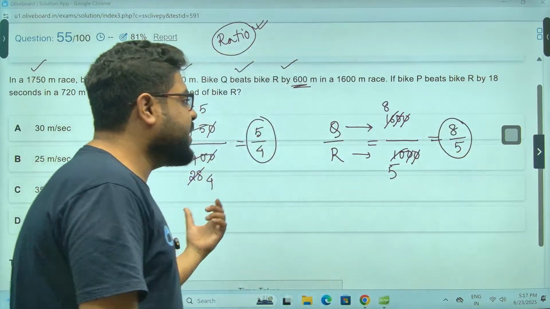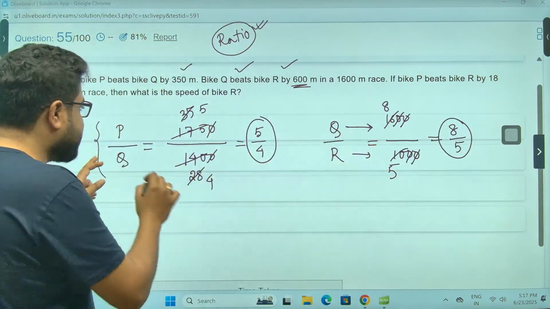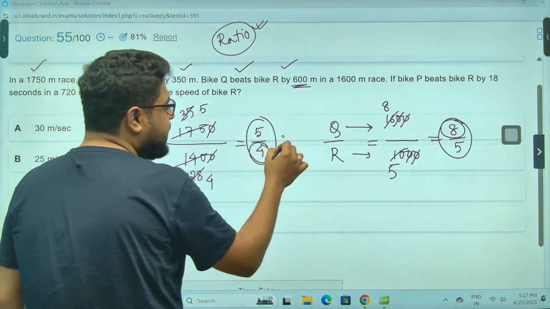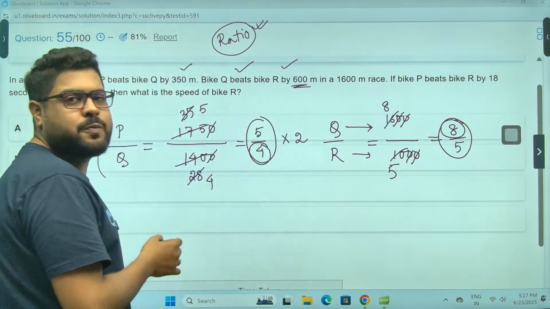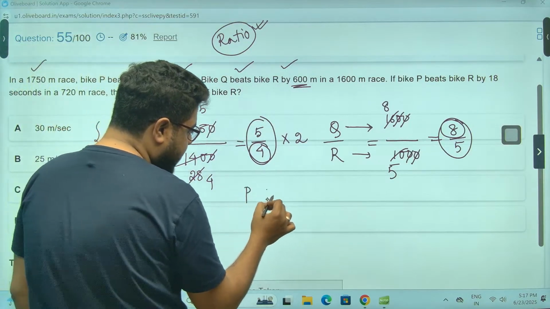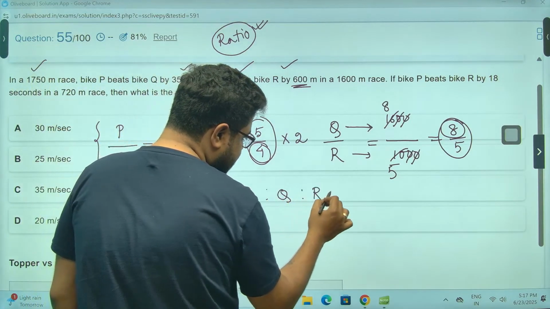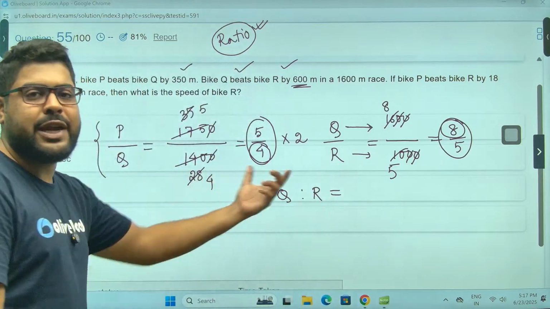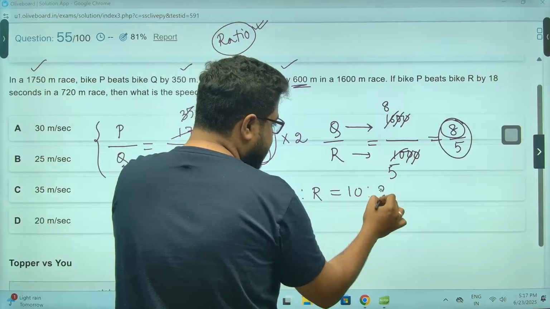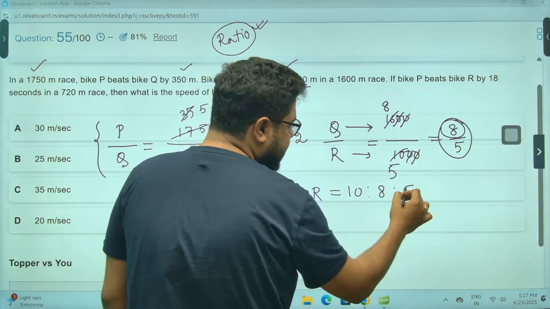Now you have to equate these two ratios because you see Q is common. Q here is 4, here it is 8, meaning multiply this particular thing by 2 on both sides. So from there I can figure out the P ratio, Q ratio, or the speed ratio, sir. So if we double, P is 10, Q is 8. Here Q is 8 and R is 5.